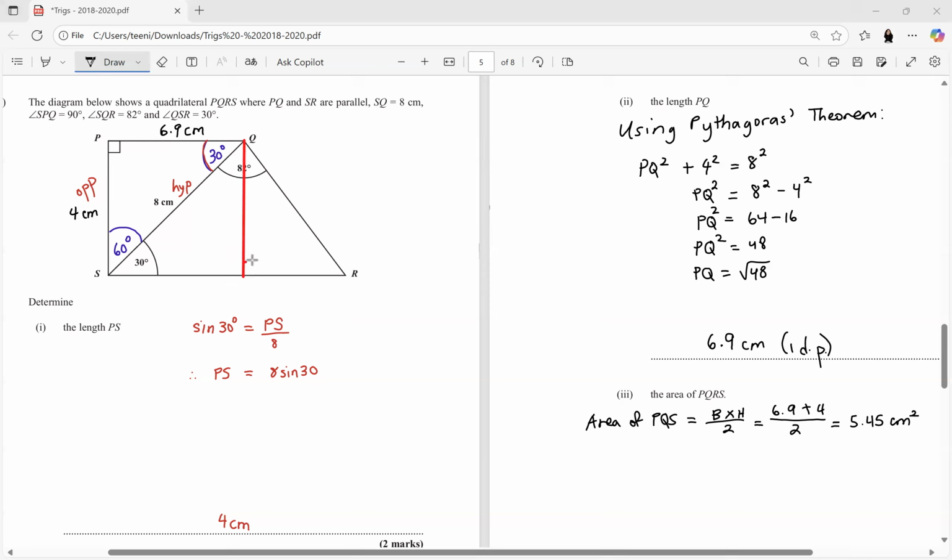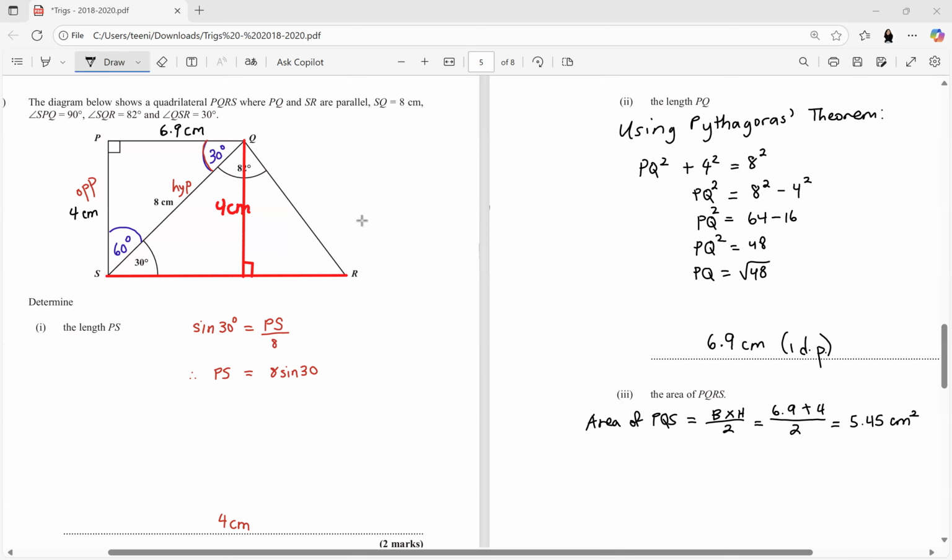This would also be the perpendicular height of this triangle, and we already know that is 4 centimeters, because that's the same as this height over here. However, we're missing one piece of information, which is the base. We have the height, but we need to find the base. So we need to find the length of this side over here, right?